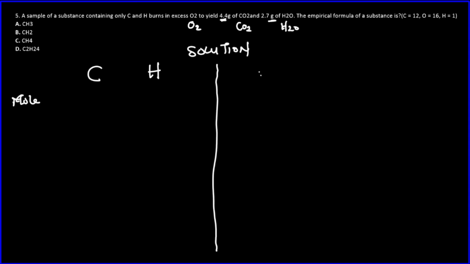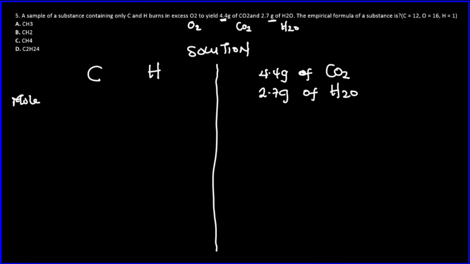Remember, they said the total yield of carbon dioxide was 4.4. So we have 4.4 grams of CO2, right? And then we have 2.7 grams of H2O. So from here, we can find the reacting mass.